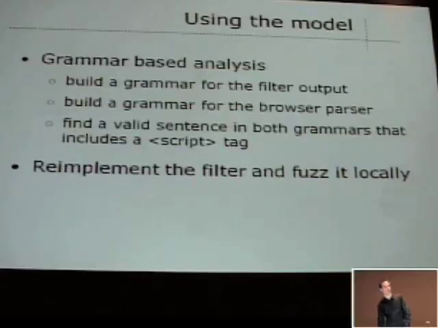So what do you do when you have the model of the filter? This is the more academic part. Once you have this model, you can build a grammar out of it. This is pure speculation, I have not actually done this, but I've done it informally in my head: you could build a formal grammar for the output that this filter produces, all the possible variations.